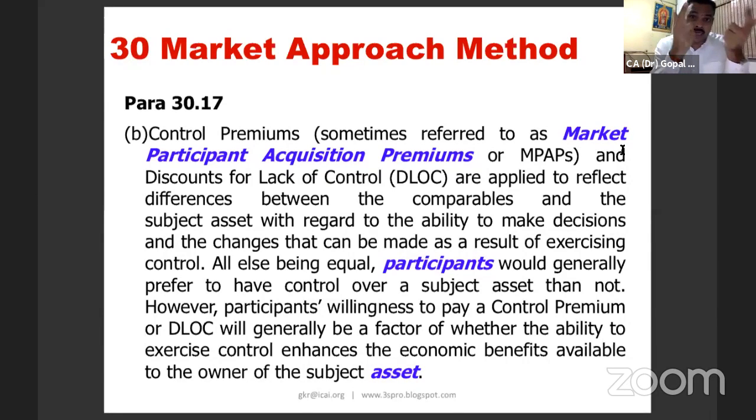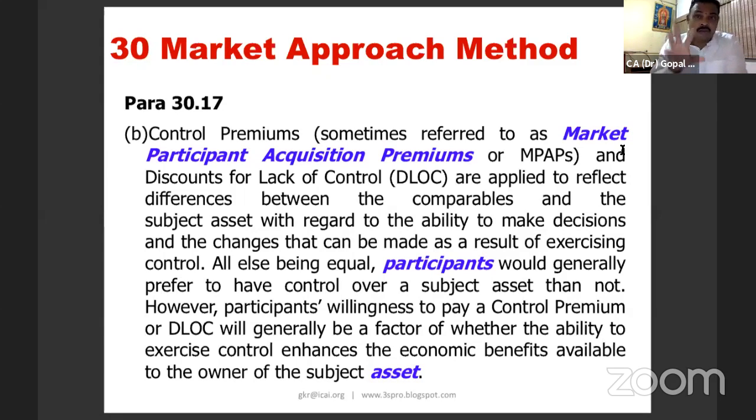So there, can I take the same 10,000 here? Possible. Or you can discount it, because you can add a premium also, or you can discount. This all depends upon the fact that control premium and discount for lack of control are applied to reflect differences between the comparable and subject asset. Are you finding any differences first of all? Is this difference there or not?